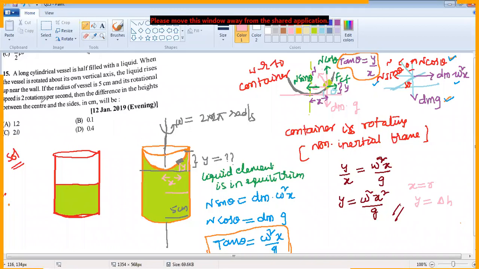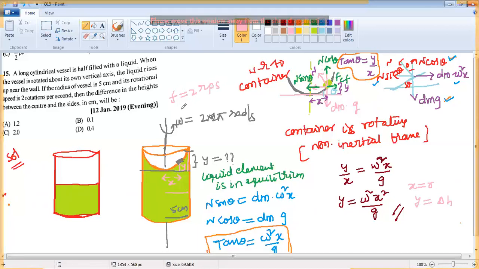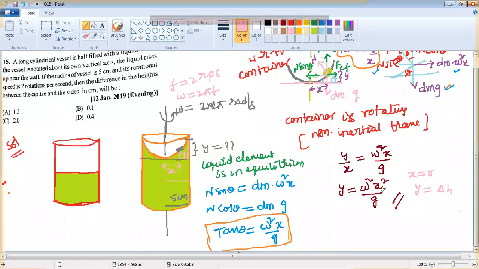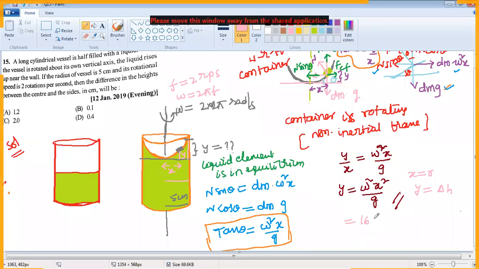Given frequency is 2 revolutions per second, omega equals 2 pi f, so 2 into 2 pi radians per second. So I calculate the difference in the height. Omega square means 2 into 2 pi squared, which is 16 pi square.